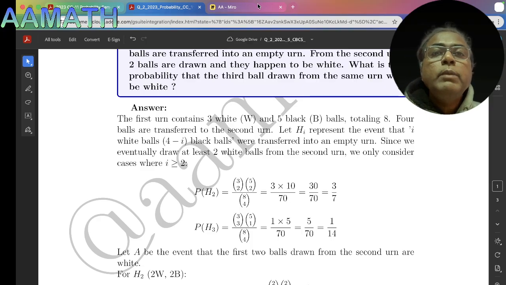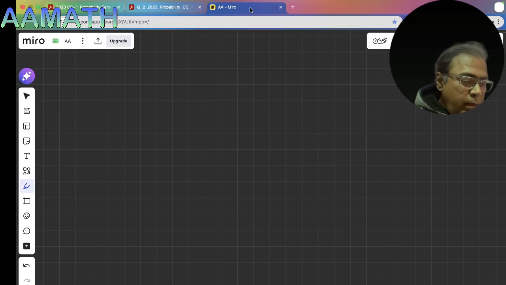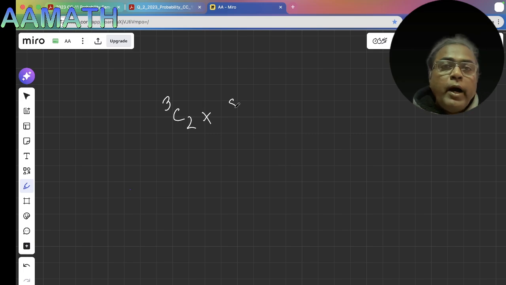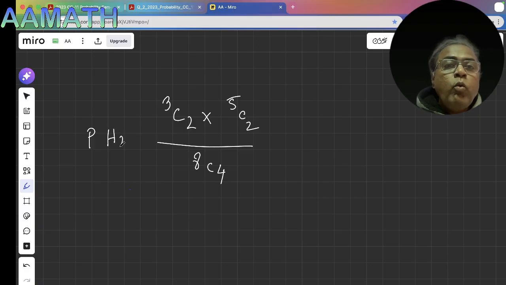3 white balls and 5 black balls, that is 3C2 into 5C2 whole divided by 8C4. This is the probability of the event, probability of event 2 white balls from the first urn.